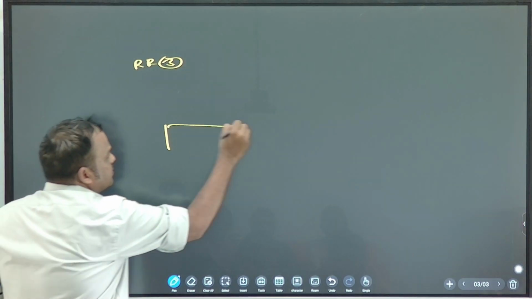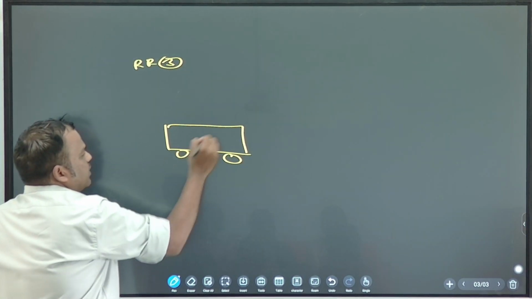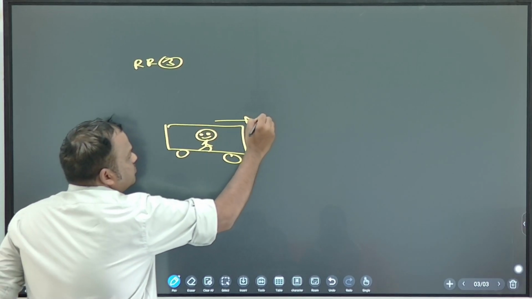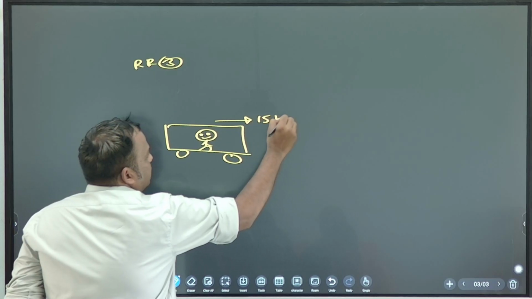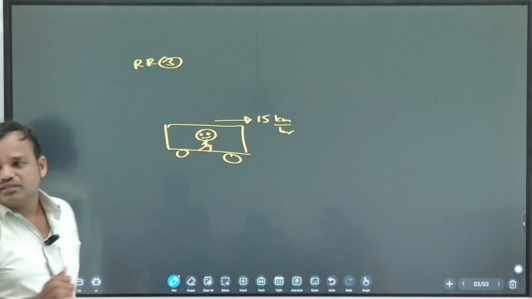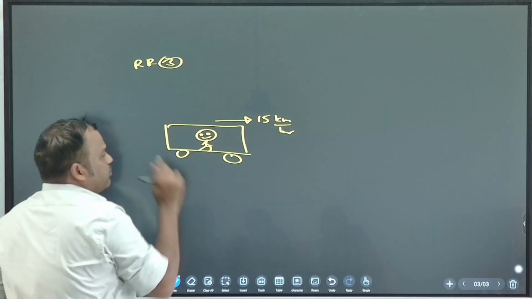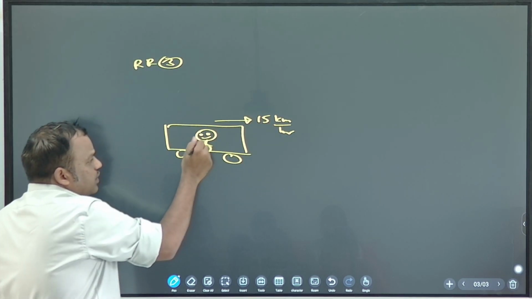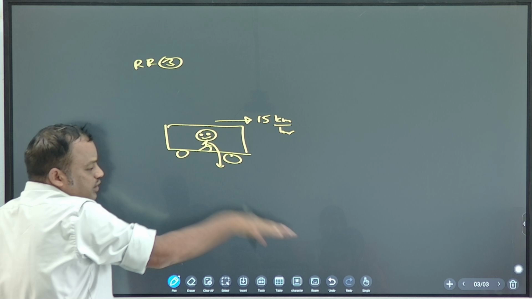Repeated third, man getting down from a running bus. Suppose this is the bus, and this is the passenger. Bus is moving, say 15 kilometer per hour. Bus is moving, so what is the speed of man? 15 kilometer per hour. Now suddenly, while moving, the passenger will fall on the ground.